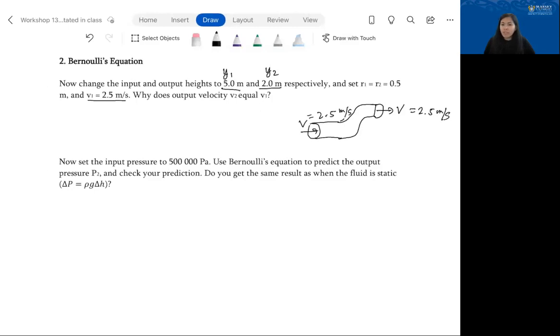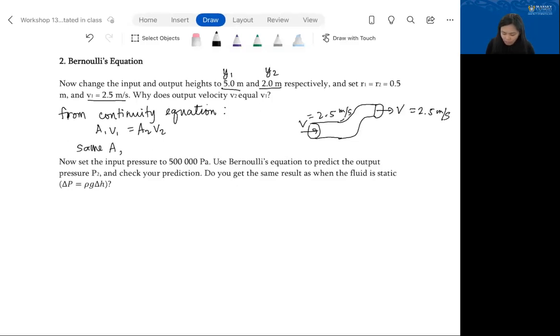So what influences the speed is the cross-sectional area, right? From the continuity equation, A1 V1 is equal to A2 V2.